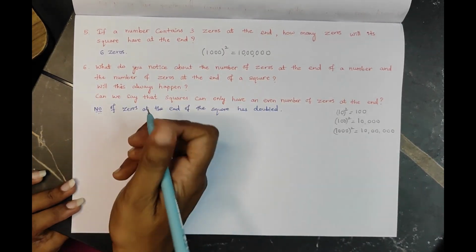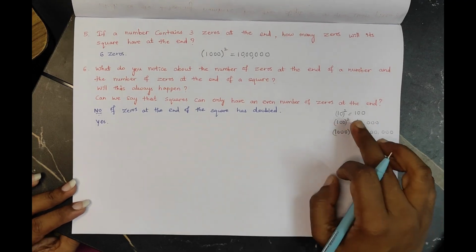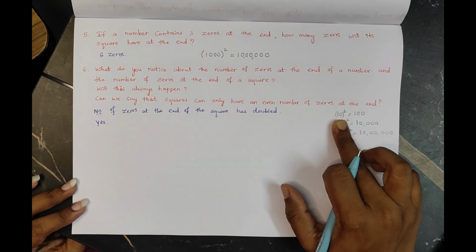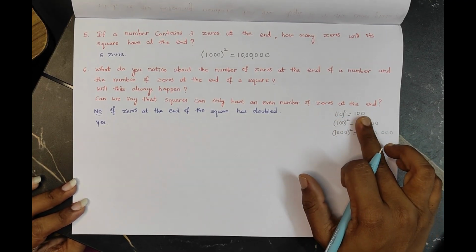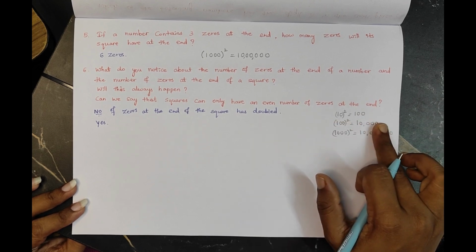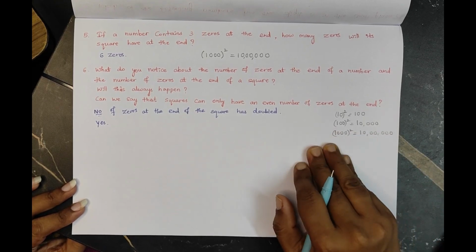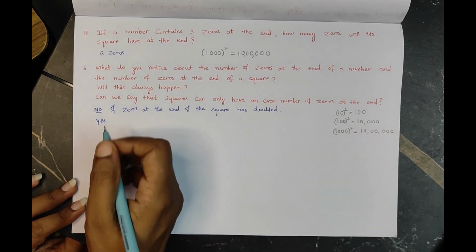Okay, will this always happen? Yes, it will always happen. If I have 1 zero, it will become 2 zeros here. If I have 2 zeros, I'll have 4 zeros. If I have 3 zeros, I'll have 6 zeros. If I have 4 over here, I will have 8 zeros over here.